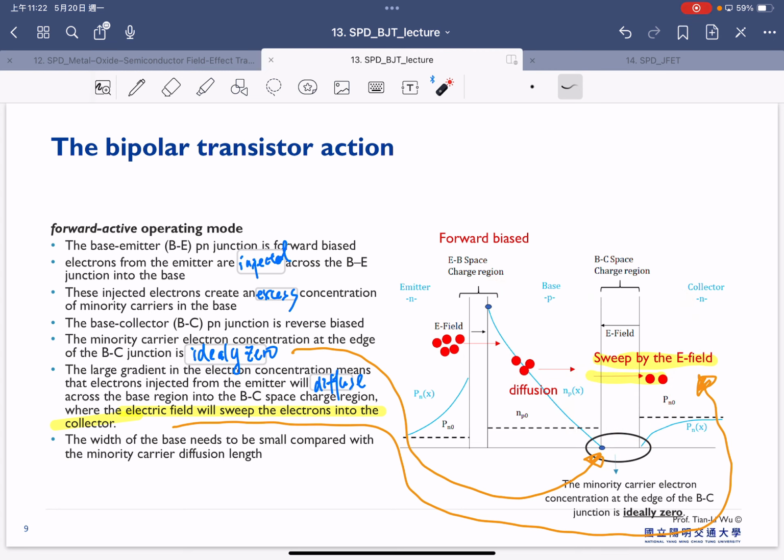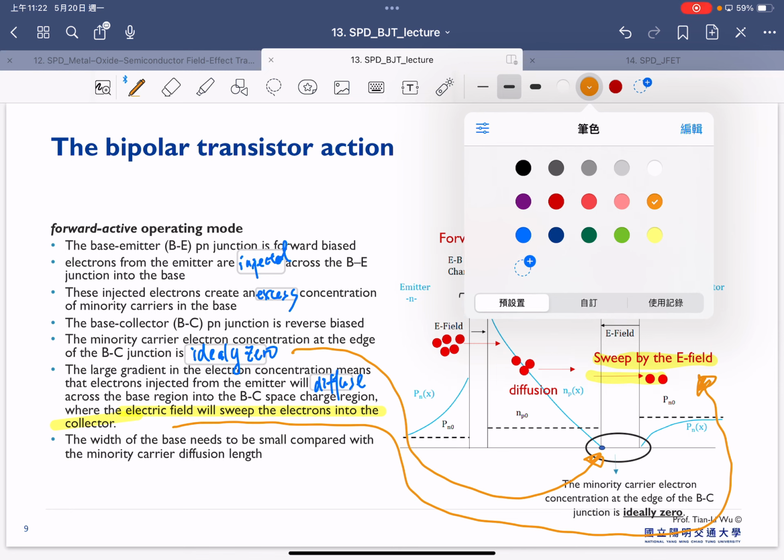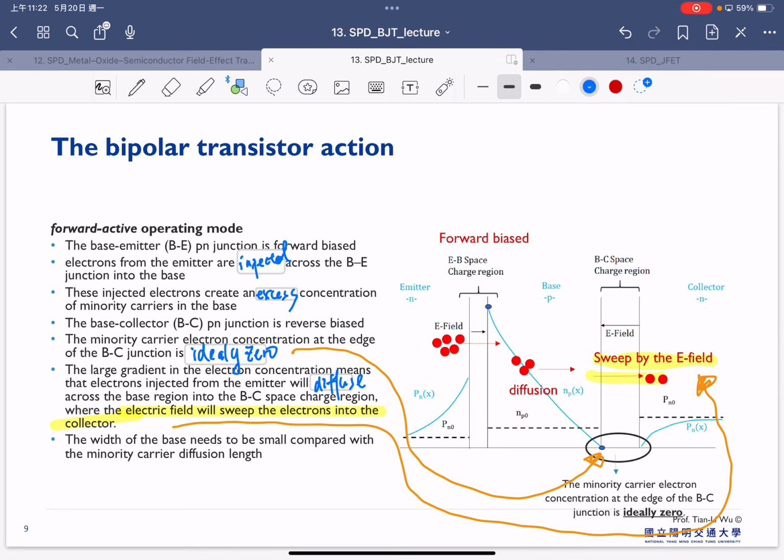Although this graph is rather complicated because we use the concept of minority carrier, which was not very often used in the last several classes, this operation is very similar to the MOSFET. So again, let's try to look at the MOSFET.